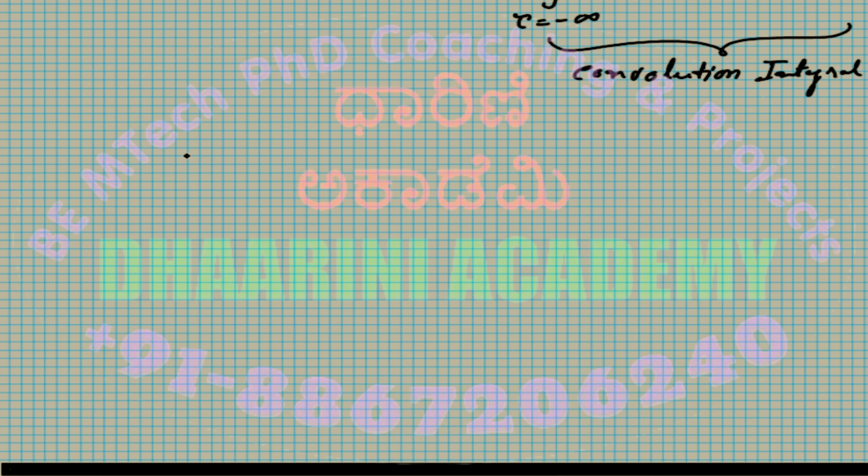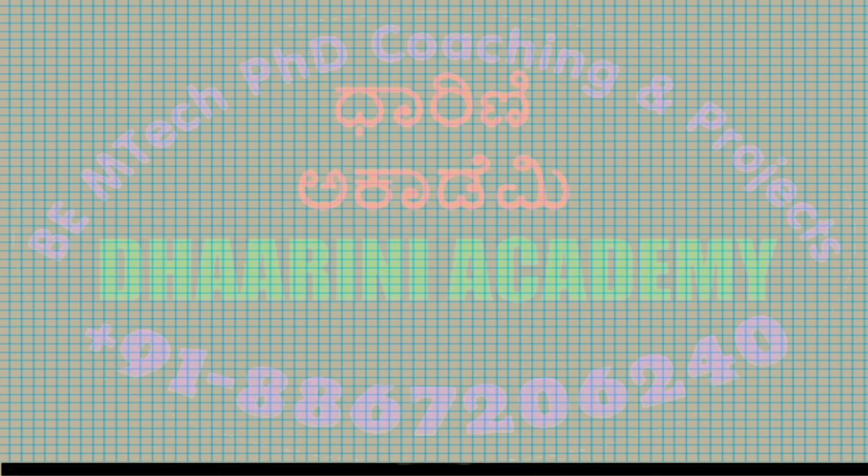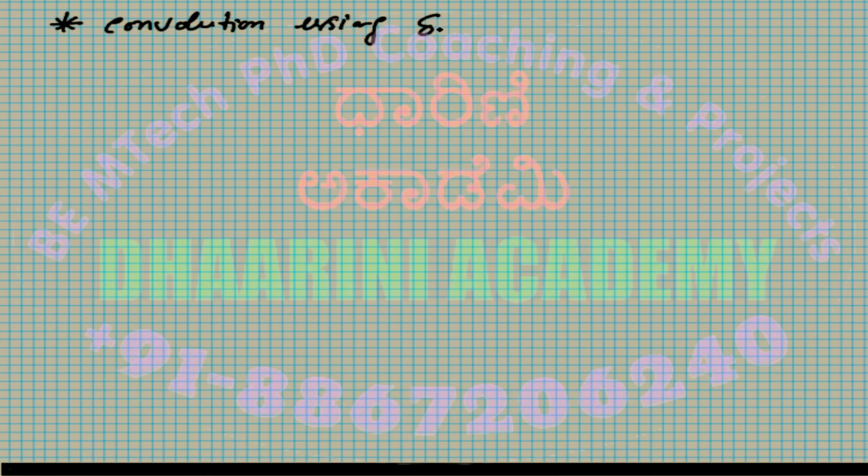Now, let's look at the discrete case, and there are many ways in which you can perform the convolution of the discrete functions. Okay, so let's look at the first and the easiest representation, that is called convolution using the delta, the delta notations.